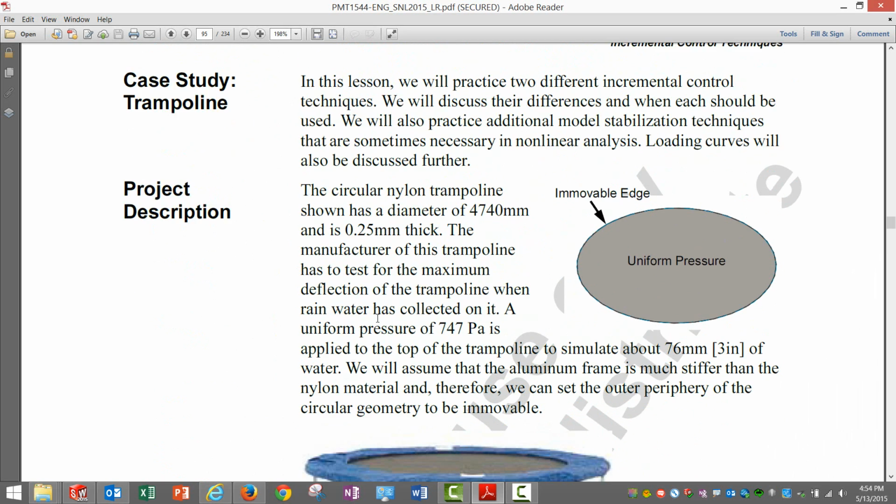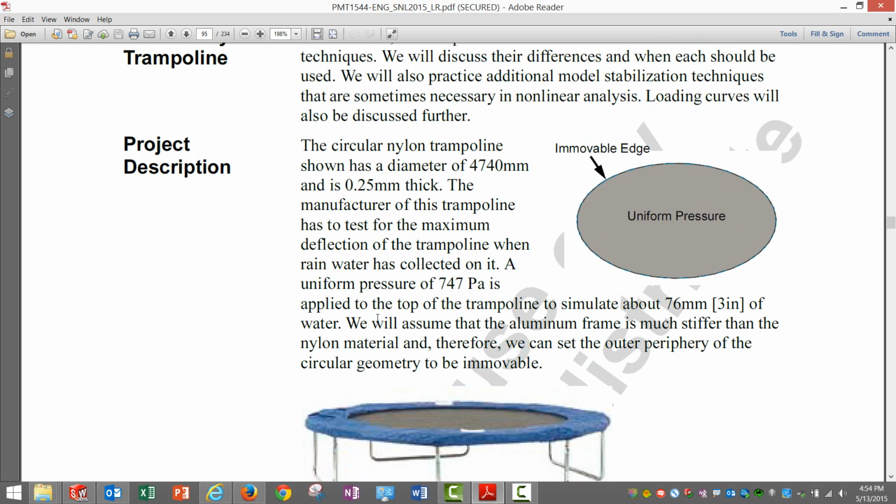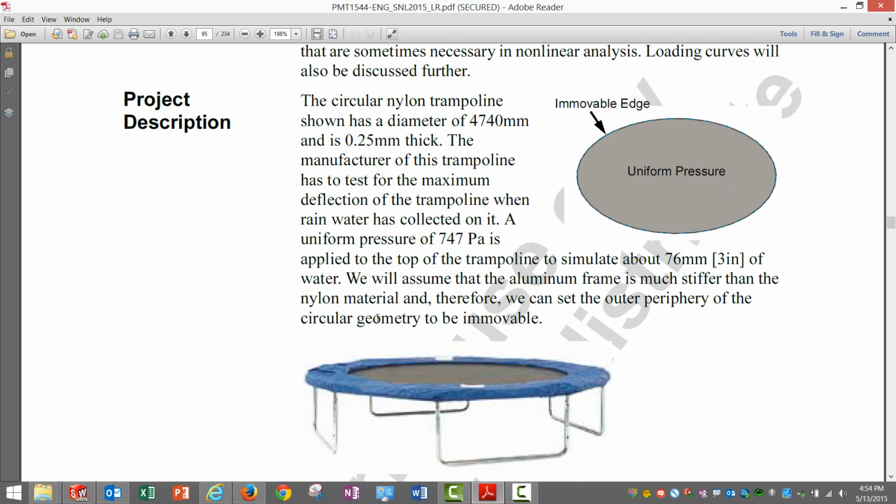So this is an example of a trampoline which is subjected to uniform pressure, and typically, as per standards, these have to be tested, and one of the testing scenarios is that this particular trampoline is subjected to a water level of 3 inches.